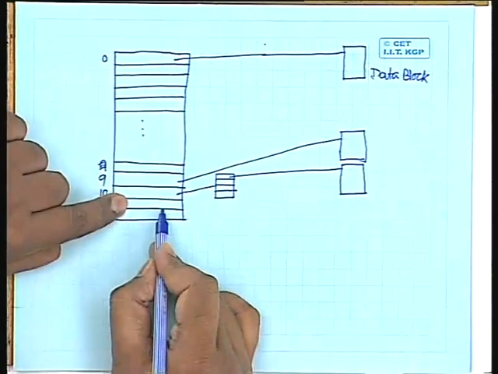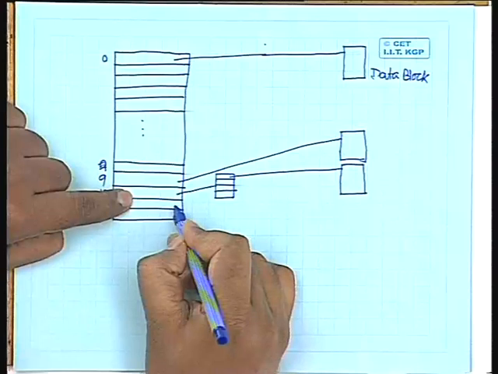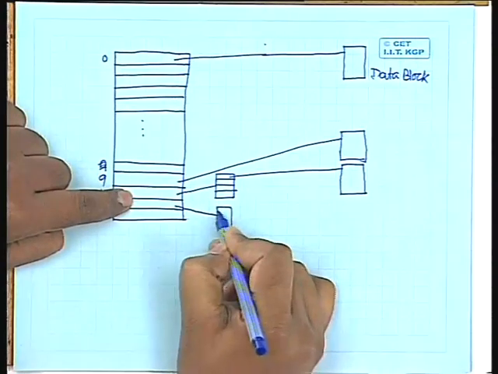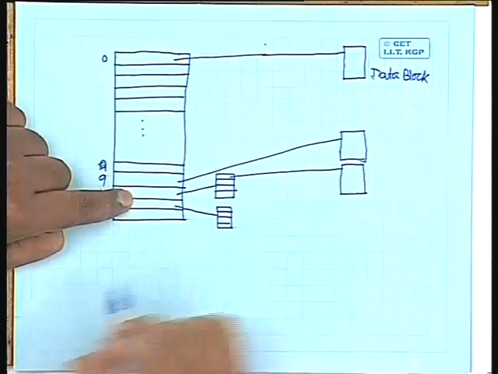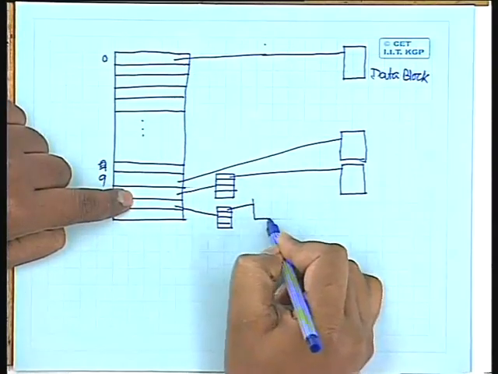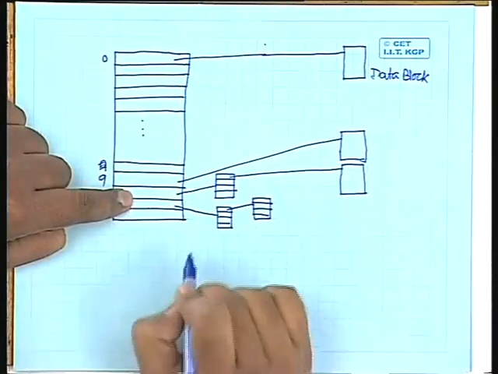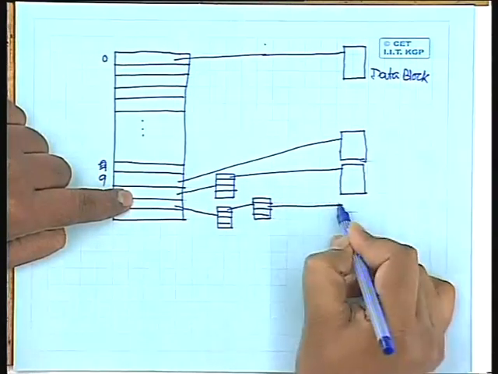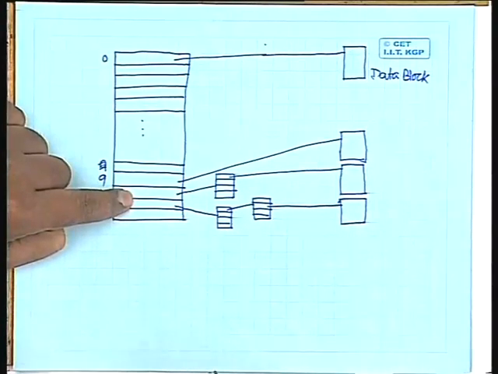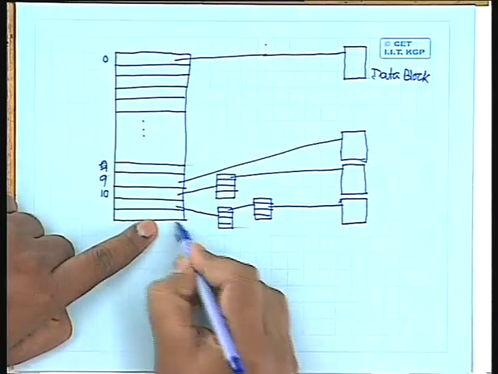This entry is a double indirect entry. That means this points to a block which contains a sequence of block numbers. Each of these points to a block which again contains a sequence of block numbers, and each of these points to a block which contains the file data. This is the triple indirect.